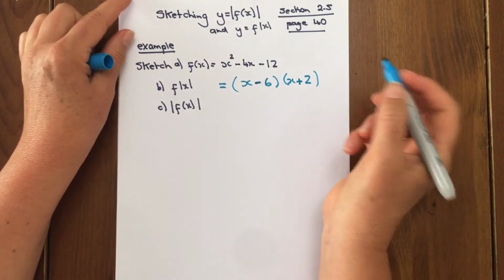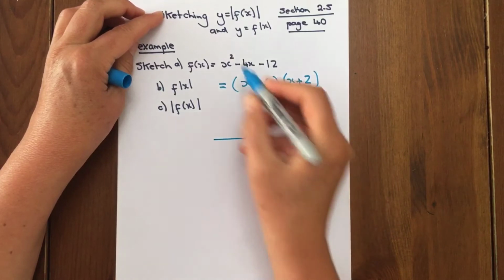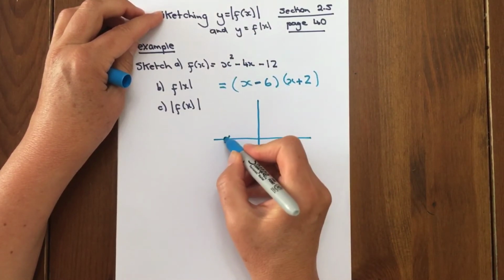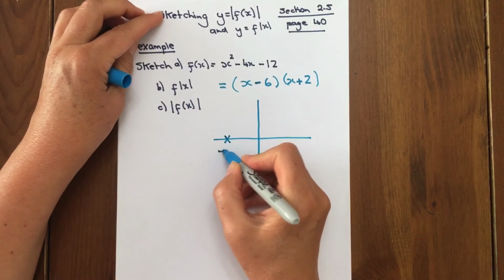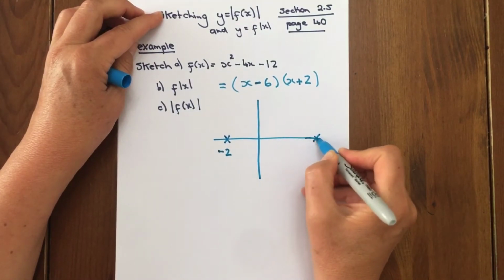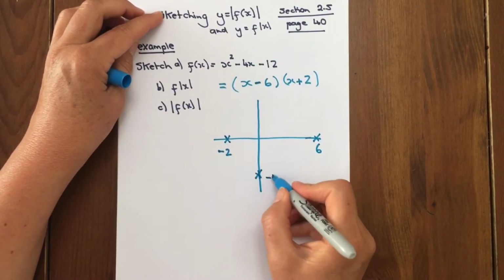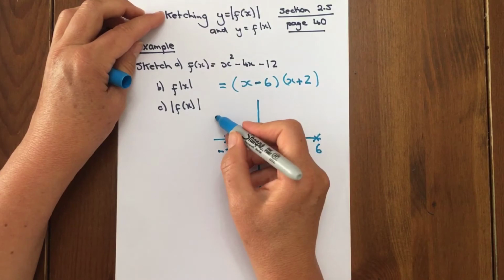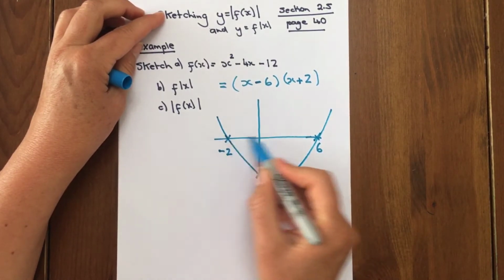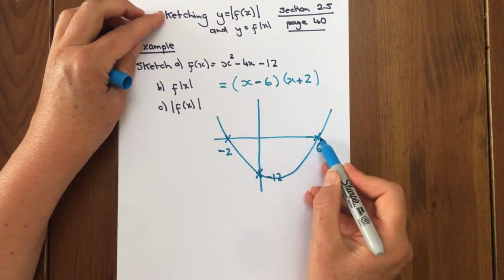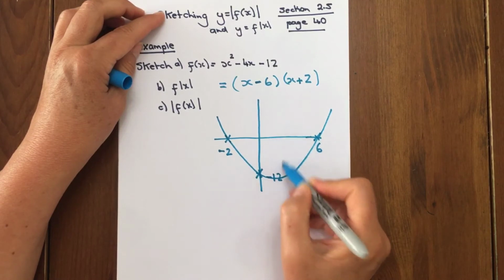Okay, so if I was to sketch my function of x, I've got a quadratic, a positive happy quadratic, and it will go through -2 and 6, and when x is nothing, it goes through -12 here. And the minimum will be halfway between 6 and -2, so about 2 for x.